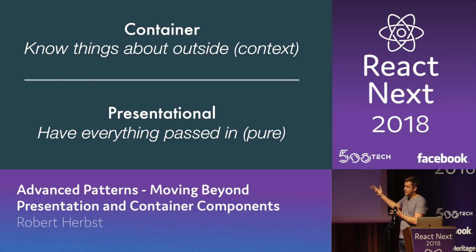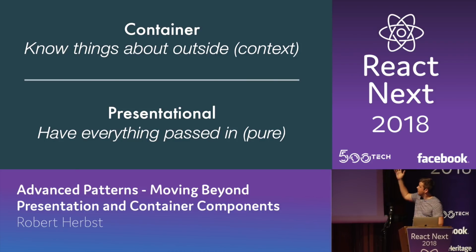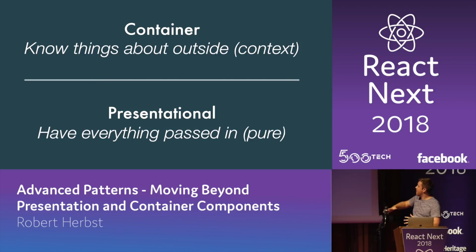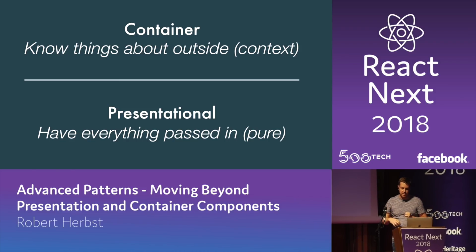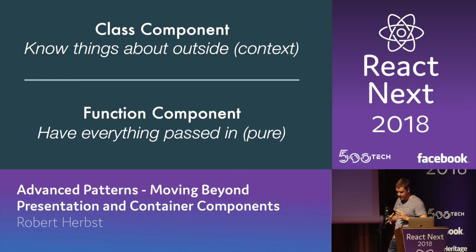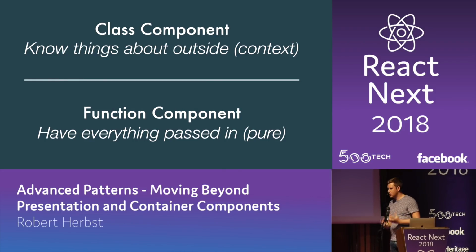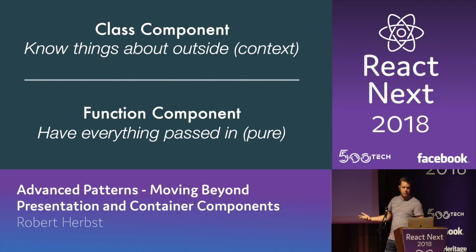So just to establish that pattern a bit more formally, we've got container components that know things about outside of the context of them. They wire up your application to side effects or external state. And presentational components that have everything they need passed into them. As time went on, I started developing an intuition around these things and certain guidelines for how you write React applications using these, and came to replace my understanding of containers with class components, which should be an indicator that something odd is going on here.